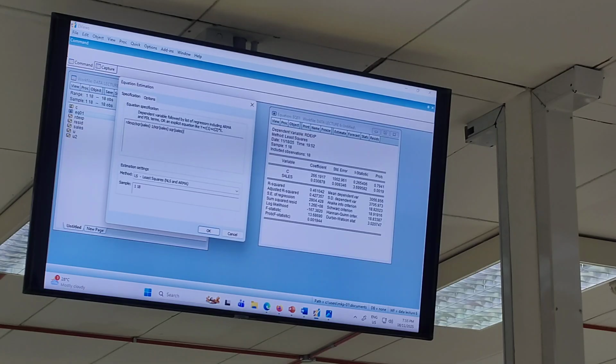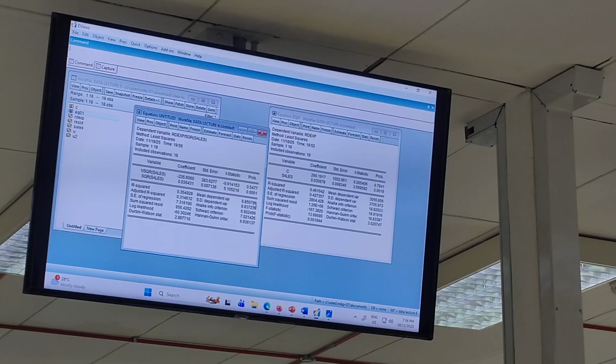So this one you understand, maths. The sales divided by square root of sales is the square root of sales. So okay, we get this.